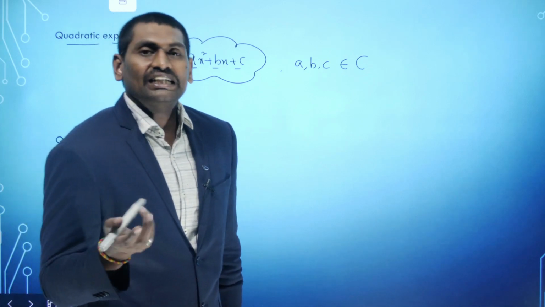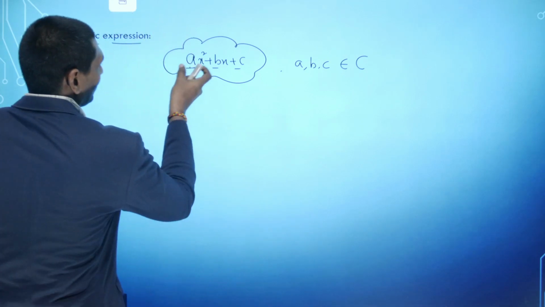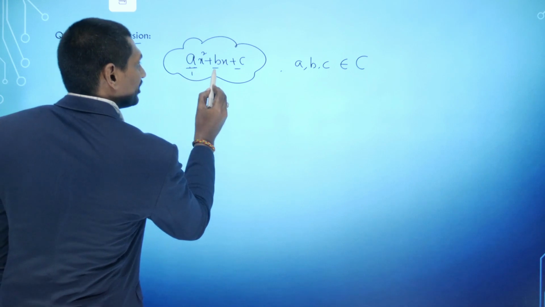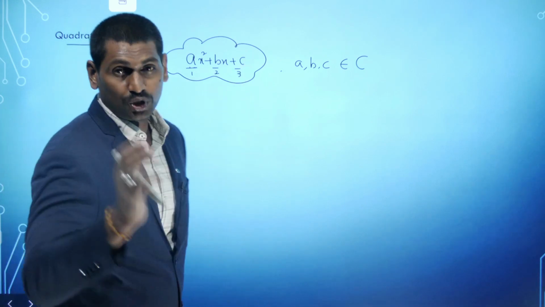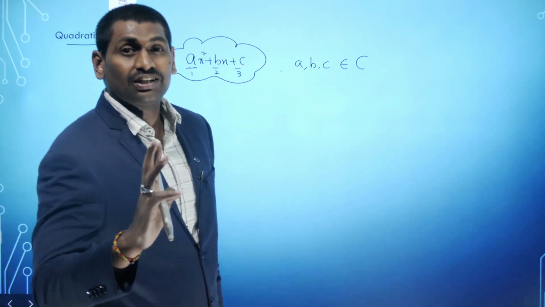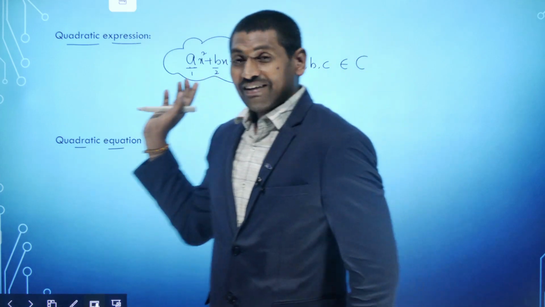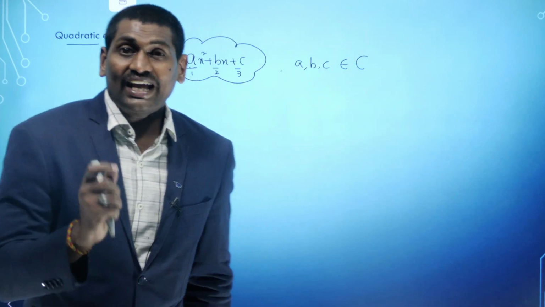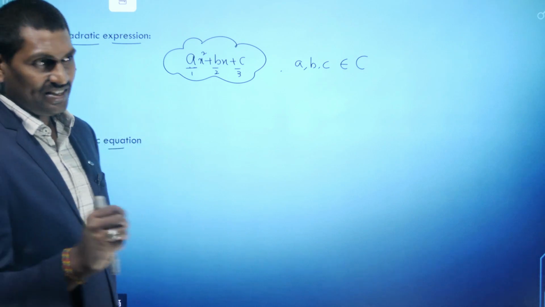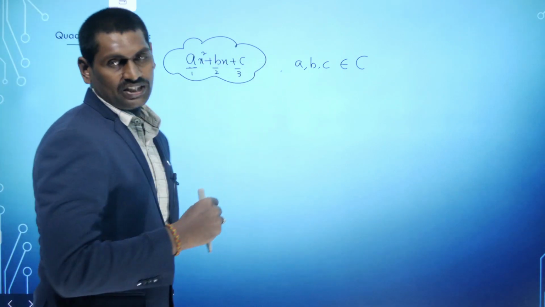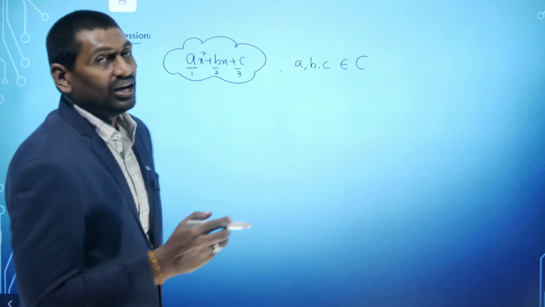So what is degree? When you take the terms here, how many terms are there? 1, 2, 3, a total of 3 terms. In these terms, the variable is x, and a, b, c are constants, the coefficients.